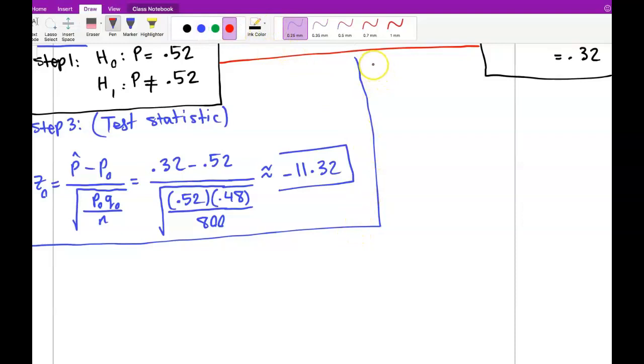Okay, then step 4. Find a p-value. Okay, how can we find the p-value for this? Because we don't have greater than or less than, we have not equal to. Well, that means we have a two-tail test. So in this part, two-tail.